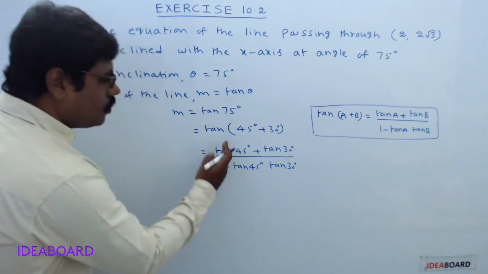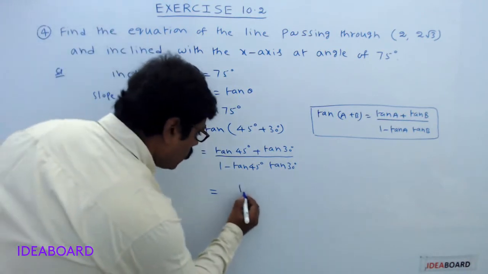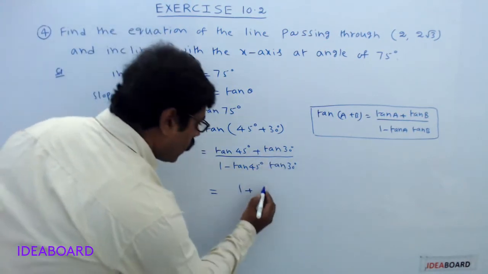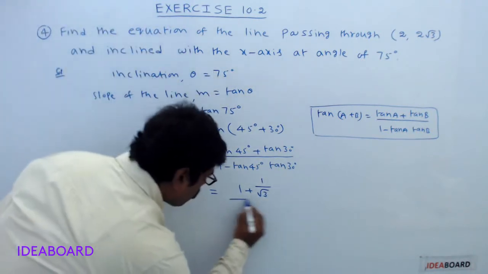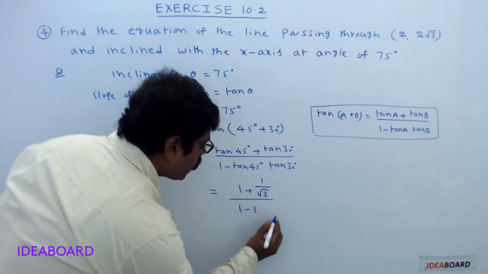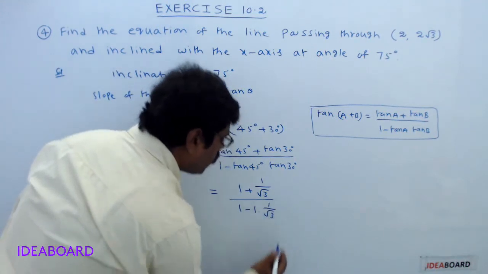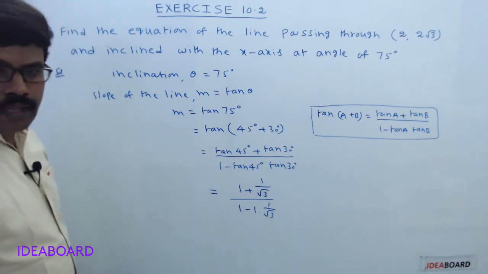Now this is equal to tan 45 degrees. What is the value of tan 45? It is 1, plus the tan 30 degree value, 1 divided by root 3, divided by 1 minus the tan 45 value 1 times 1 divided by root 3. Now what is the LCM for the numerator? Root 3.